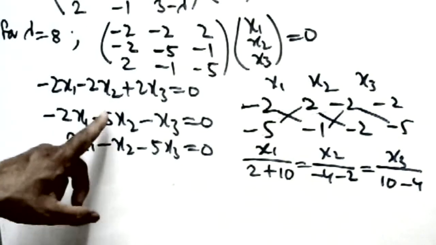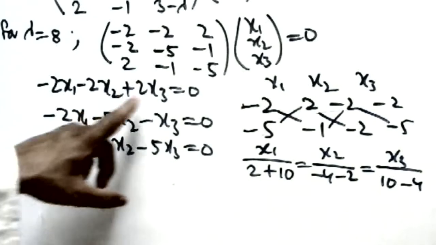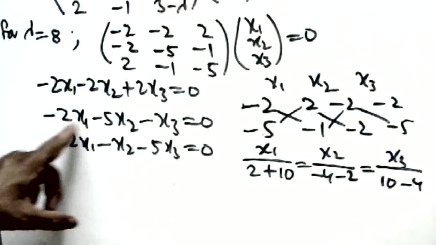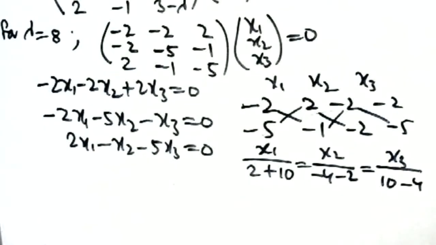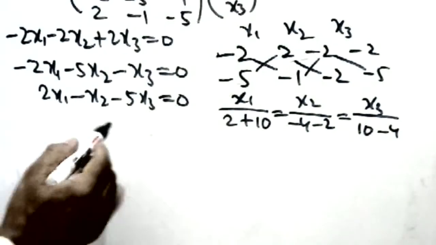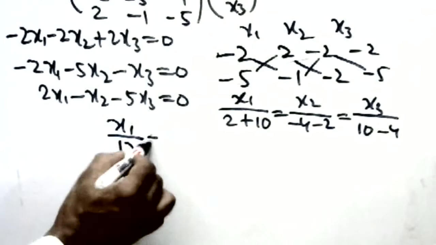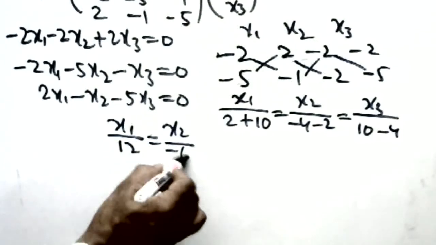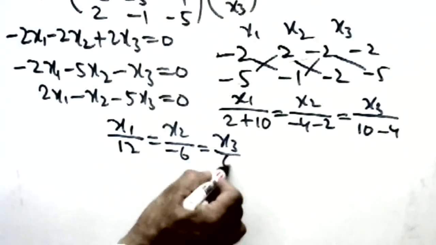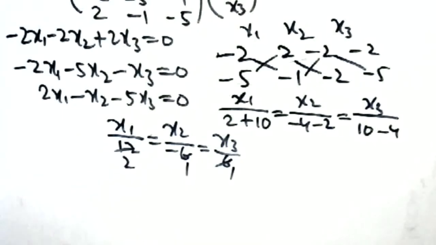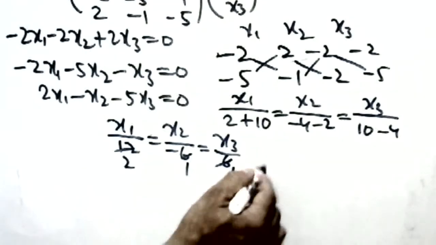Let me solve this one. So this will be x1 by 2 6 2 plus 10, 12, x2 by minus 6 and x3 by 6. We can cancel this one, 6 1s are 6. So these are the ratios.